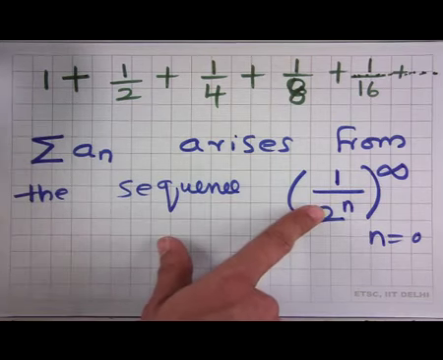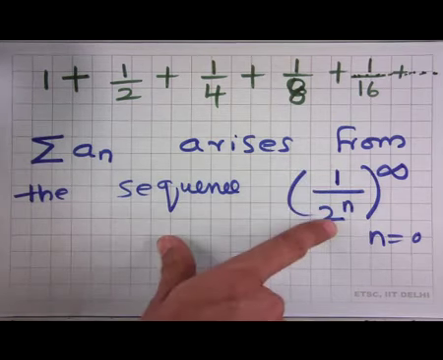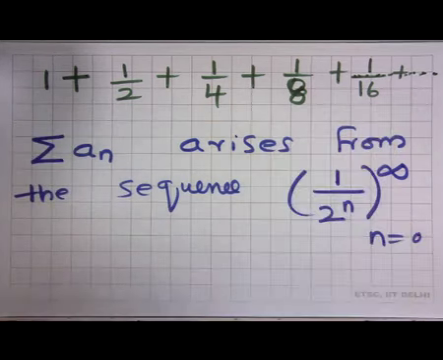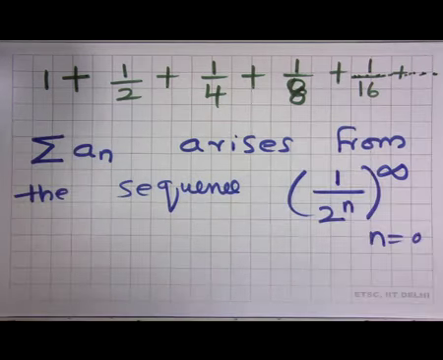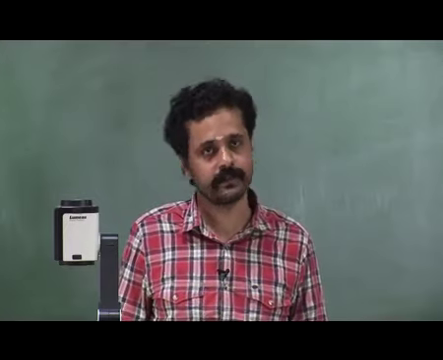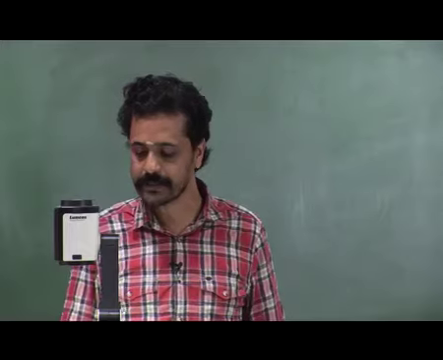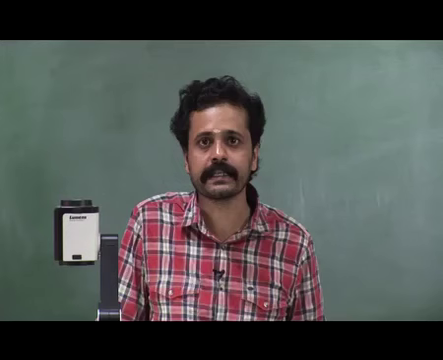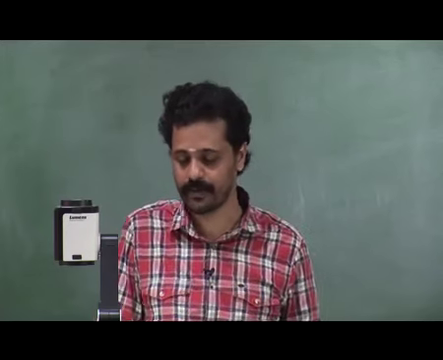The second term of the sequence is 1 by 2 power 1, that is the second summand in this infinite sum, and so on. Now, the question that we want to answer is whether this infinite sum represents a finite value or not. In other words, whether this series is summable or not. The more technical word is whether this series is convergent or not.